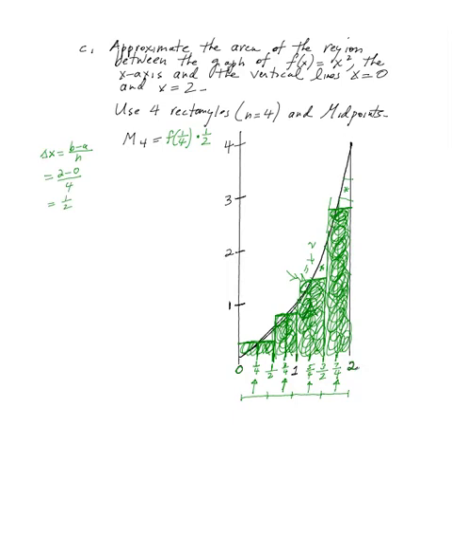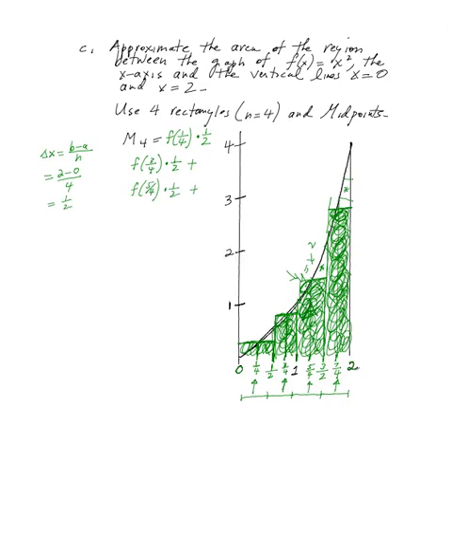My second rectangle would be f of 3/4. That's my second midpoint. That's the height. The width is a half. My third rectangle, the midpoint is 5/4. So the height is f of 5/4. The width is a half.